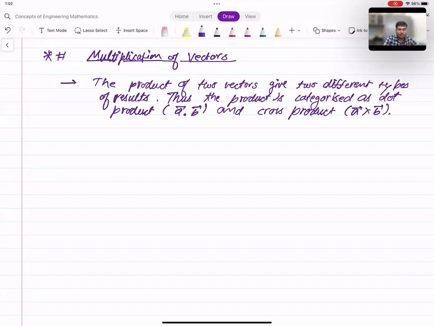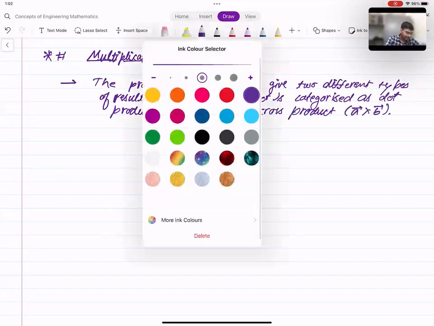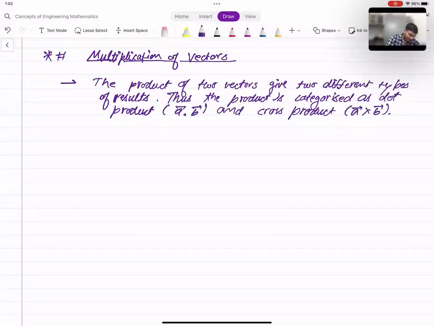So let us see what is meant by scalar or dot product.